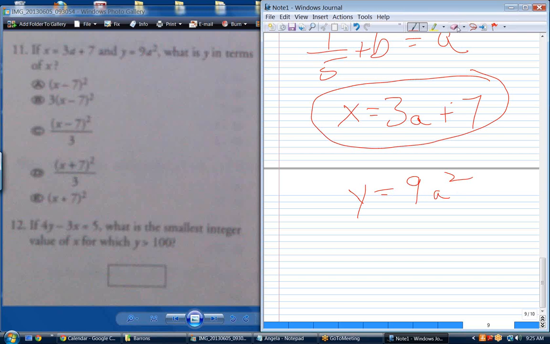Okay. So we would have x minus 7 equals 3a, so divide by 3. So x minus 7 divided by 3 equals a. Now that's the key thing you want to realize. Now we can just substitute this for a, and I'll have my answer. Okay, that was much faster. Well, it made more sense.